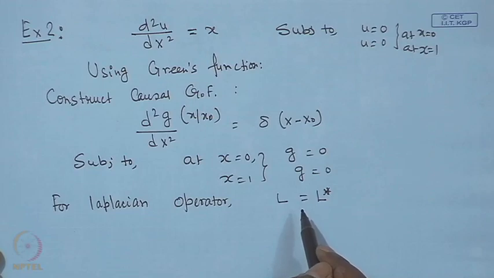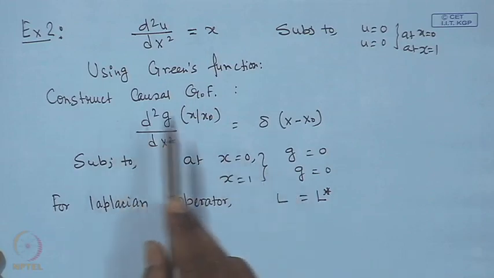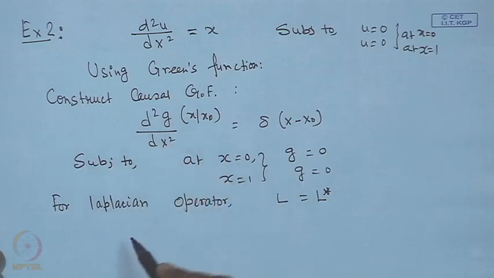So, if you remember the steps of solving the equation, first we construct the causal Green's function, we solve the causal Green's function, then we go for the adjoint Green's function, and then we relate the adjoint Green's function with the original problem.